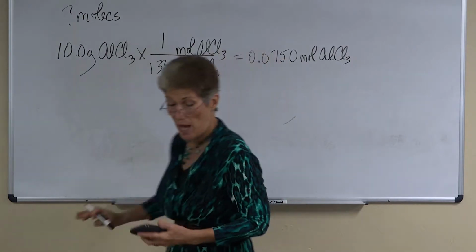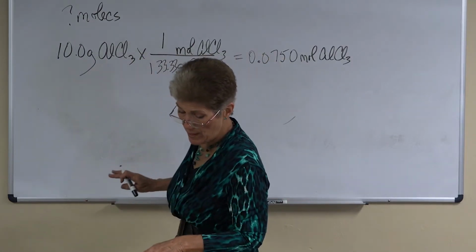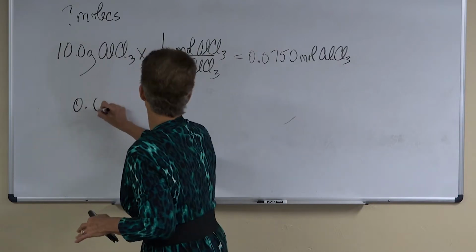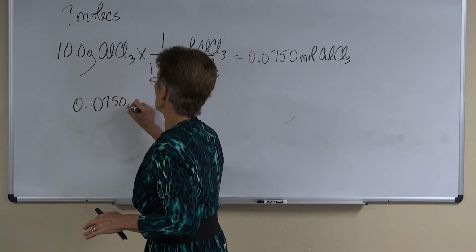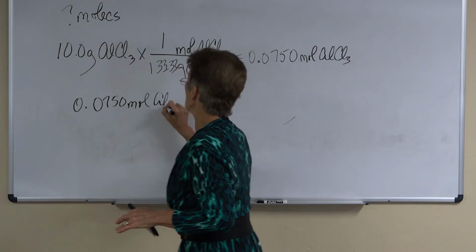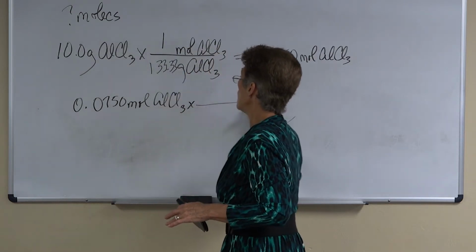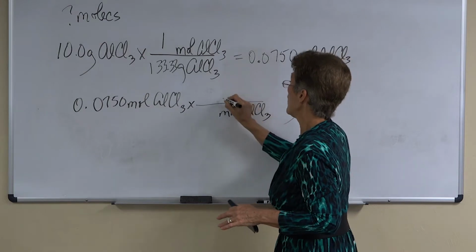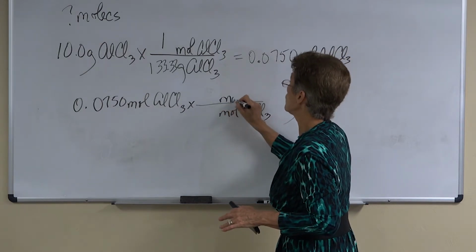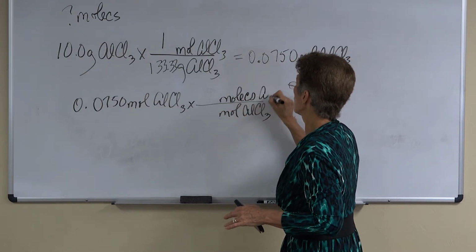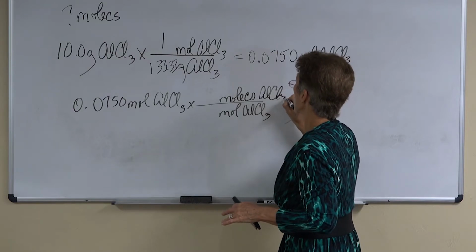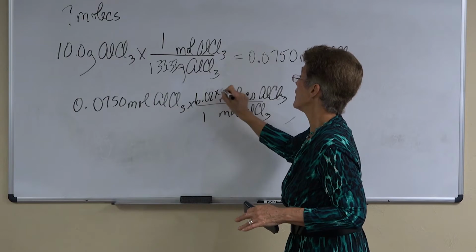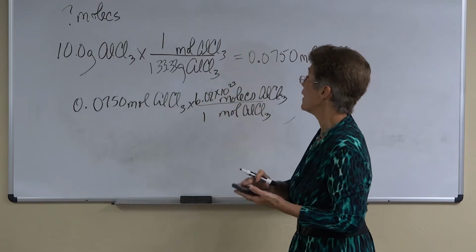And we want to know how many molecules, so we've got to go a step further, don't we? So we're going to take that number, 0.0750 moles of aluminum chloride times line. We have the moles of it down here. We have the molecules of it up here. And every 1 mole, there's 6.02 times 10 to the 23rd molecules.